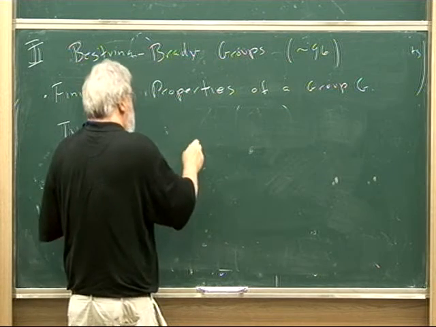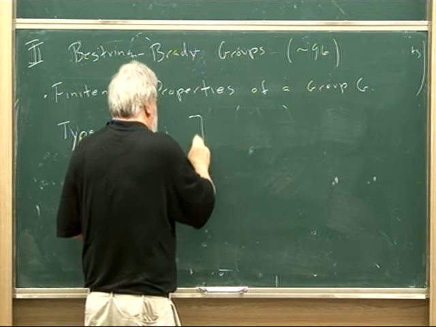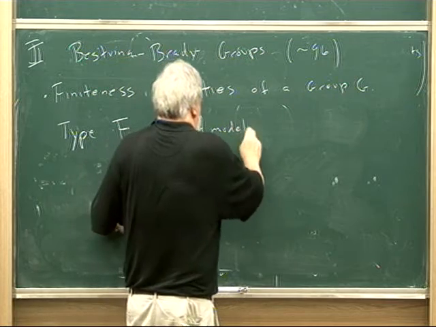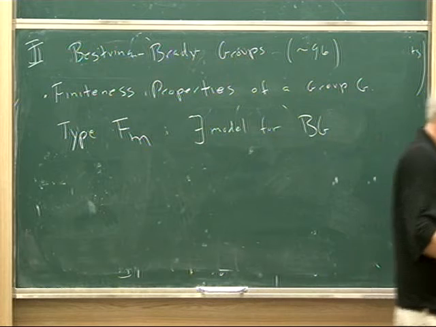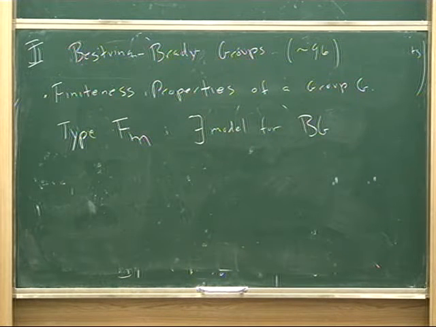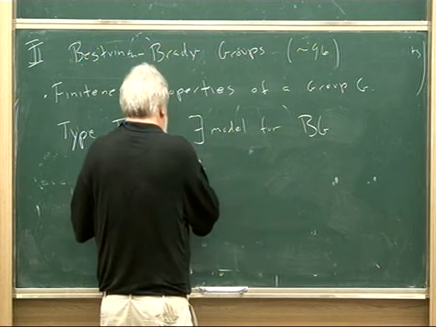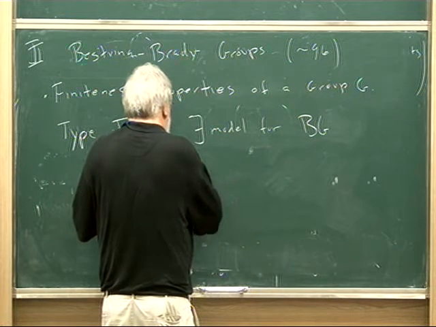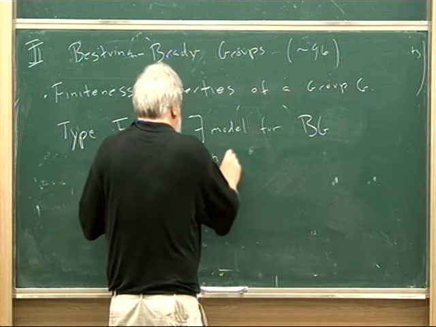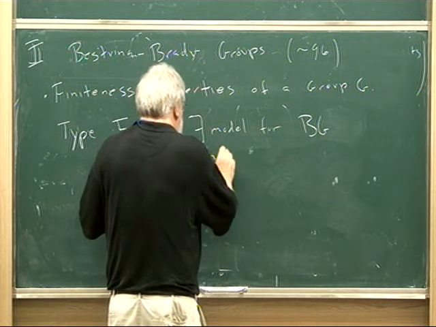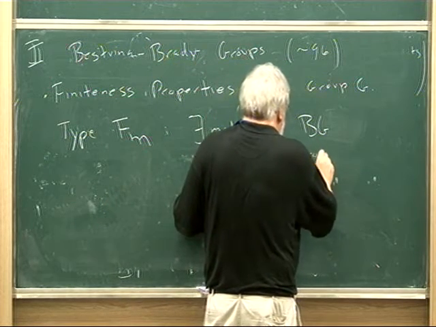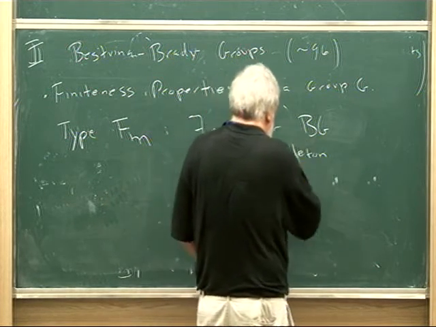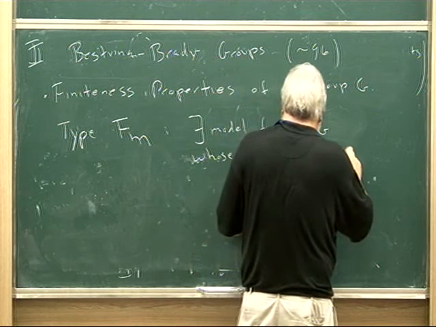This just means that you can find a model for BG, which is some CW complex whose m-skeleton is a finite complex. So up to dimension m, to build this, you only have to use a finite number of cells.